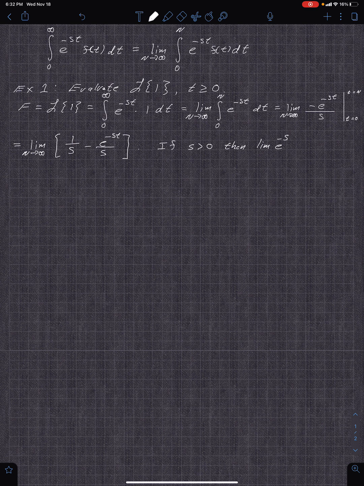That's what I'm trying to say, and then it converges. So that's equal to 0, right? You're getting a decreasing function approaching 0 like that. And that's only if s is positive. If s is negative, then you approach infinity, so you don't want that to happen.